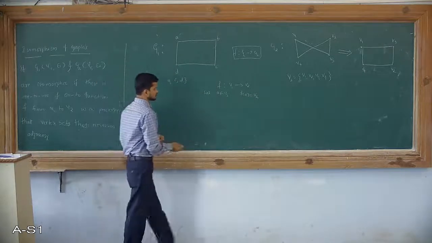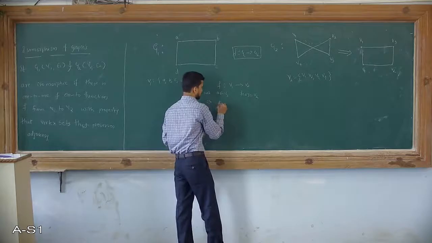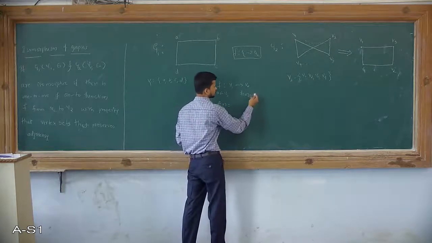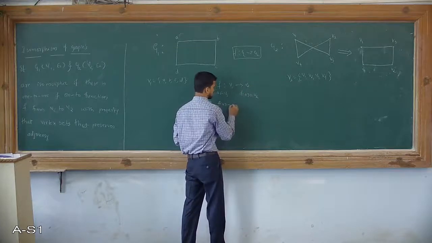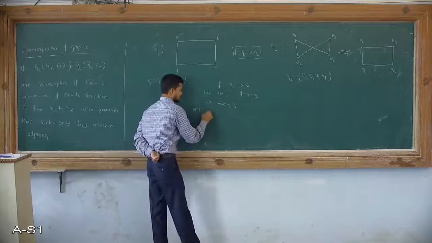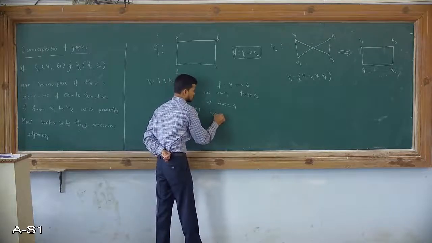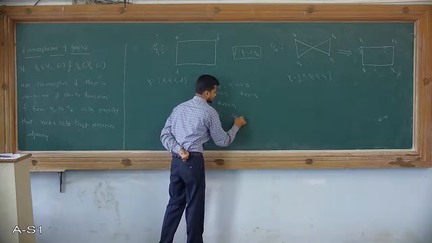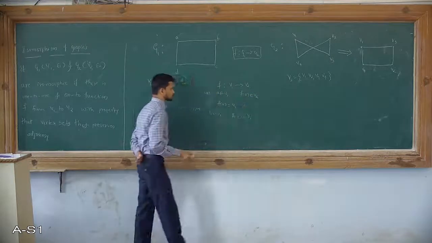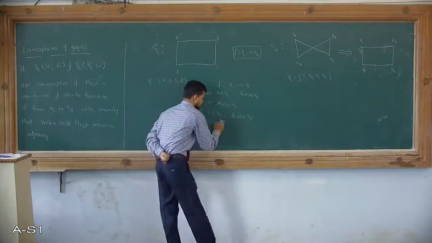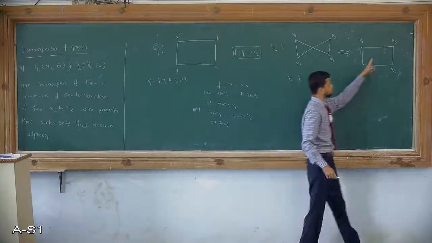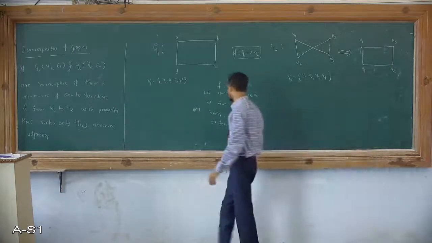Which implies f of A is equal to, in vertex set V2, V1 here. Similarly, if I take B belonging to V1, f of B also belongs to V2. Which implies f of B, here B stands for V3. Here f of B stands for V3.